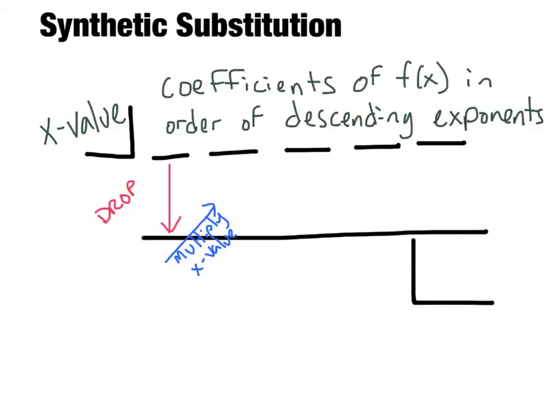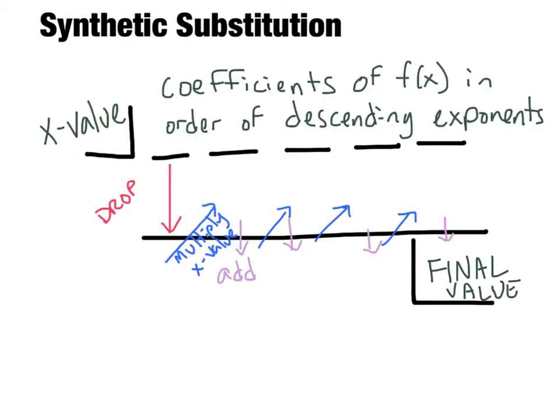And then finally, you'll take the next space and this number that you just wrote down and add them together. Then this multiply-add thing just keeps happening. Multiply, add those two numbers, multiply, add, and then this final value will be our answer. So the final sum is the value of f of x at the given x value.